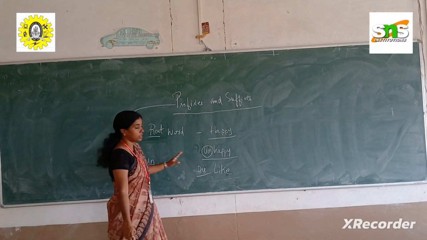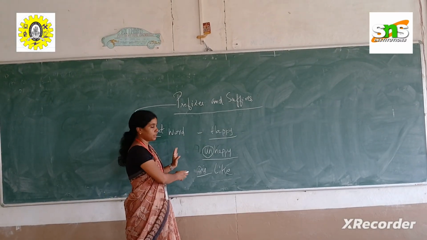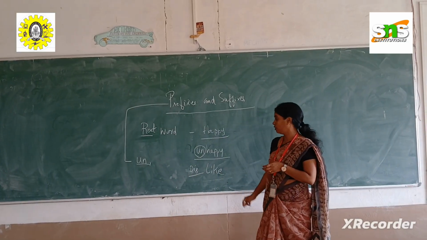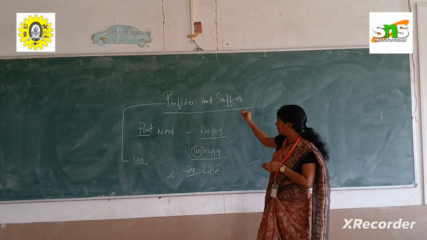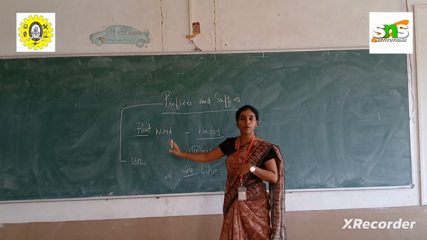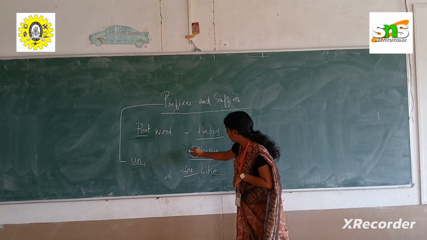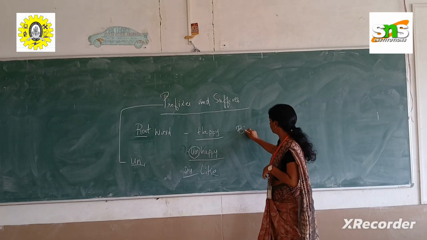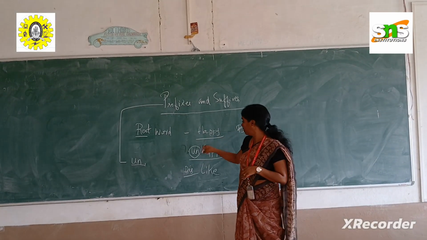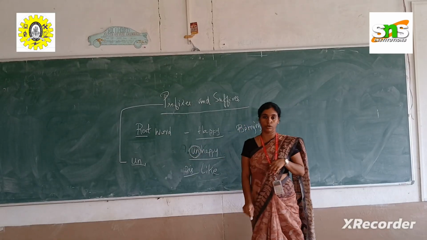In most cases, when we add prefixes to the root word, it gives the opposite meaning of the word. In simple terms, prefixes are a group of letters that are added at the beginning of the root word.